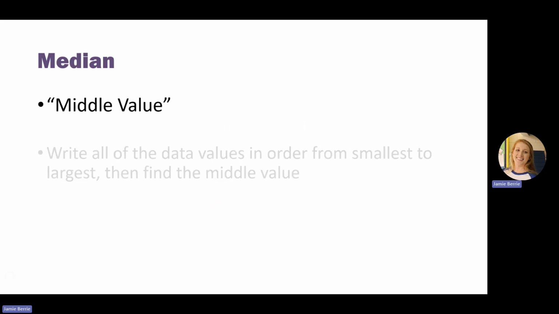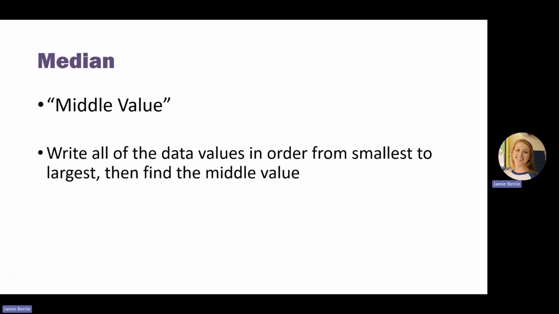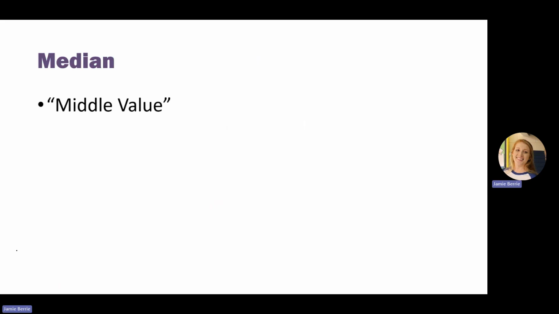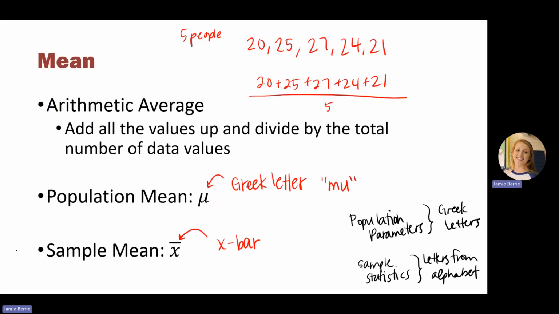All right, next we have the median. You can think of this as the middle value, but very important, in order for it to really truly be the median, you have to first write all of the data values in order from smallest to largest. So thinking back to our ages, 20, 25, 27, 24, 21.